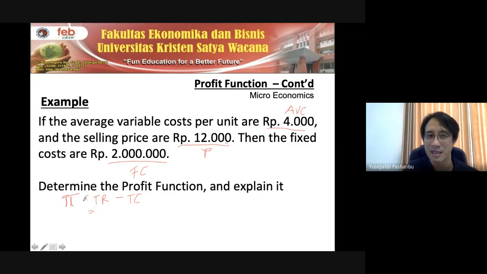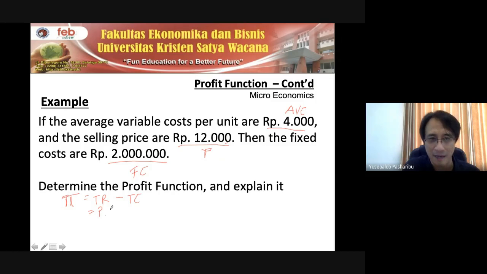Profit function equals TR minus TC. Because there is no TR and TC straightly given to us in the information about those variables, we need to describe it.